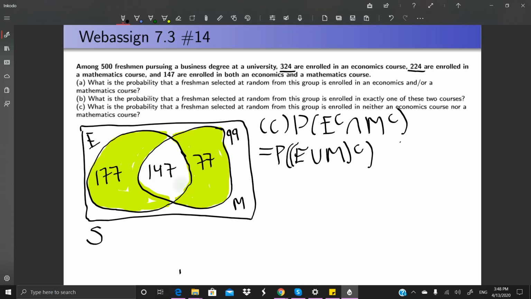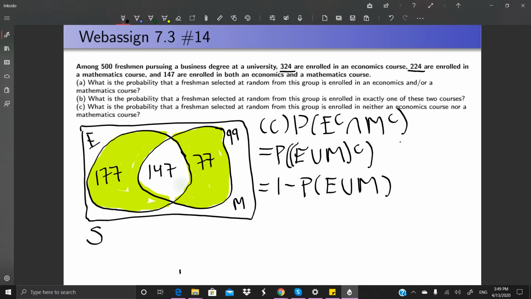Okay, but then if you remember the properties of the probability of the complement of a set, we know it is 1 minus the probability of the set, by which I mean this is equal to 1 minus the probability of just E union M. And hopefully that makes sense.